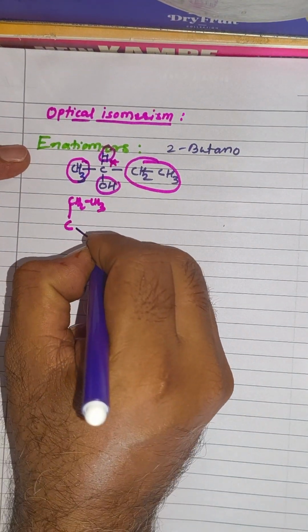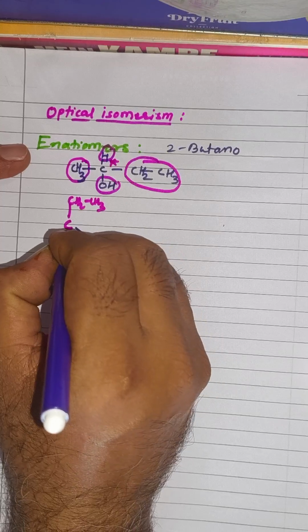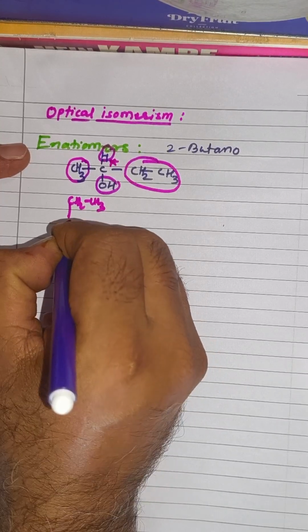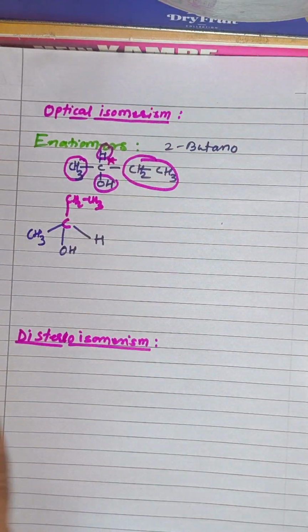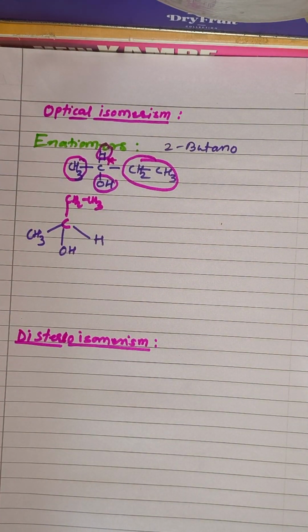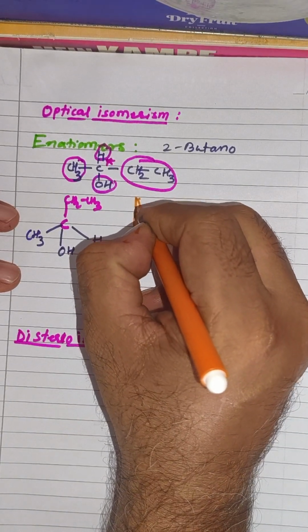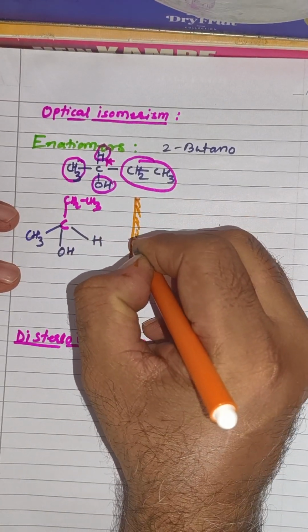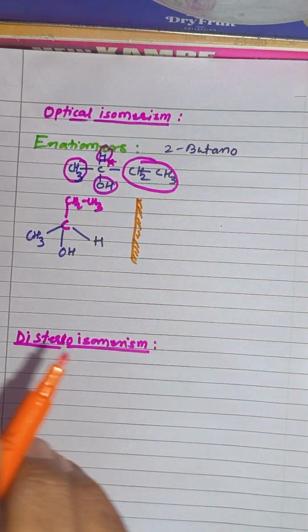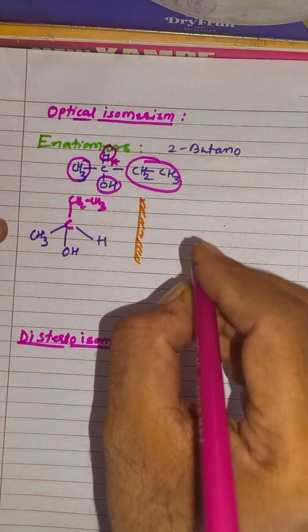On this side I can take this hydrogen, here is the OH group, and here is the CH3 group. We will put a mirror in between. Suppose this is the mirror, and how its image looks.